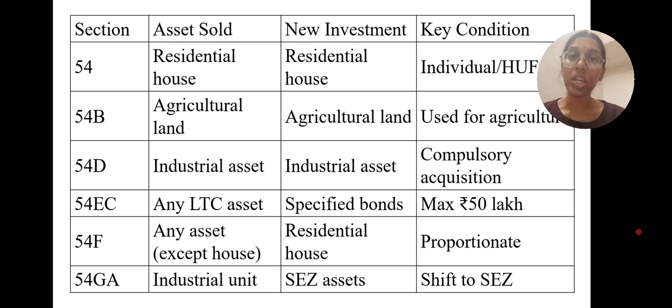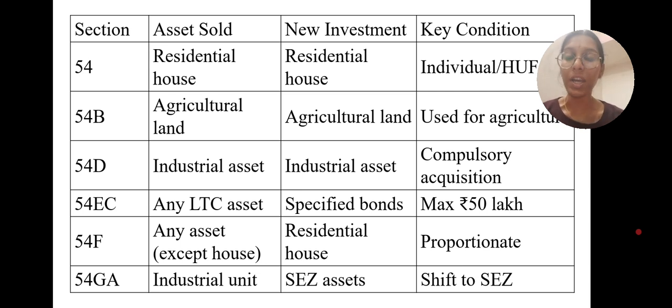The key condition is compulsory acquisition. If you get capital gain from the sale of an industrial asset, you compulsorily have to purchase or acquire another industrial asset with that money. You should not use it for any other purpose.